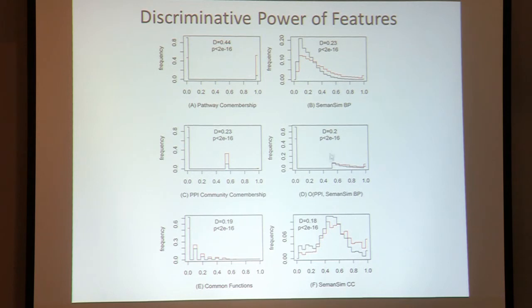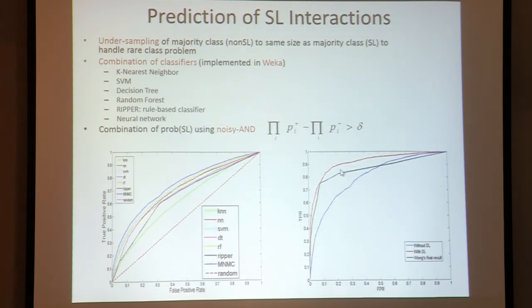Especially when you look at the overlay features between the PPI and the semantic similarity, you have a good separation for the two types of samples. Okay. So we use a very sophisticated method.